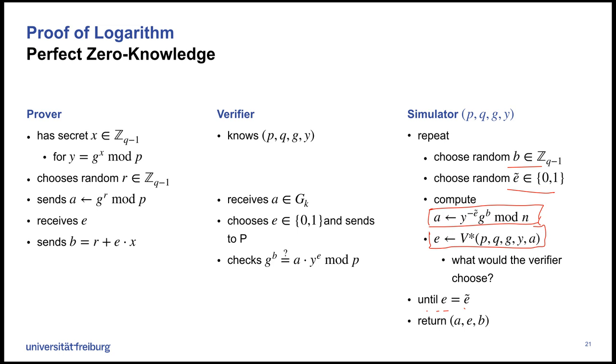So now what happens if we have chosen a hash function here? And the hash function that gives us 0 or 1. And we could still simulate the protocol. So the simulator can do that, because that's not a problem for the simulator. But the prover can't do that.